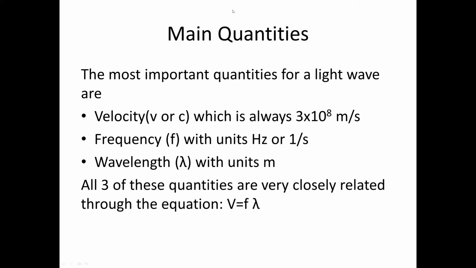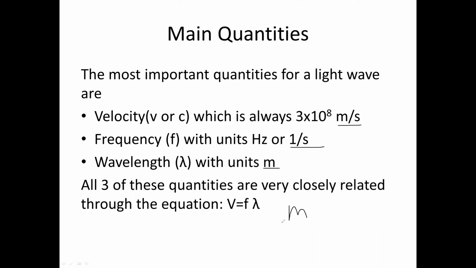One thing that I always say about physics specifically is to know the units, because let's say on test day you don't remember this equation for some reason and you get a question about it. Well, one thing you can do is you know that the units of velocity are meters per second, the units of frequency are 1 per second, and the units of wavelength are meters.